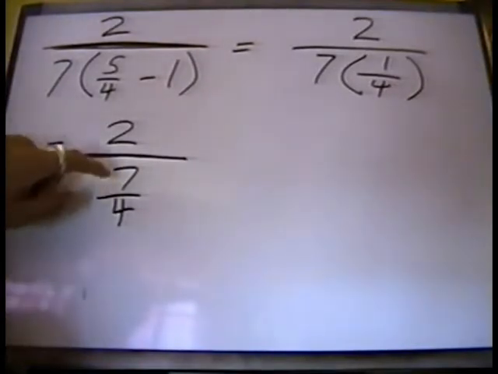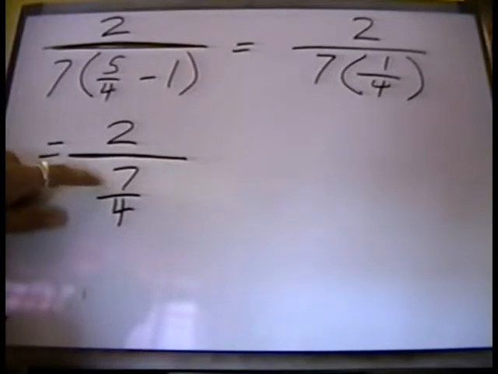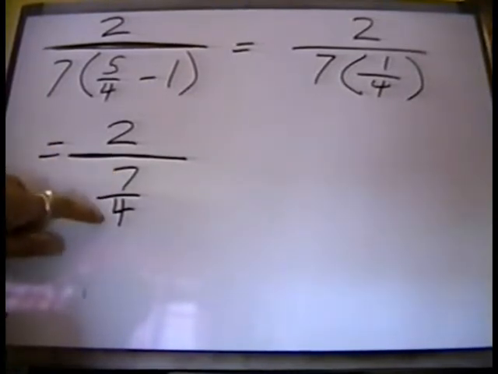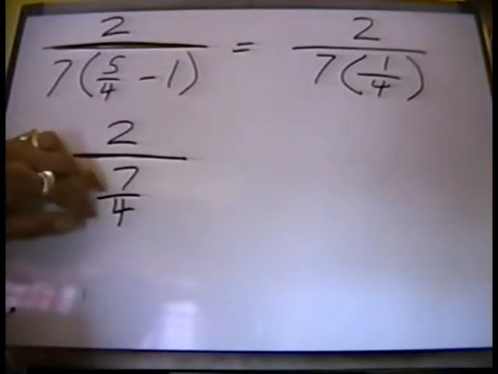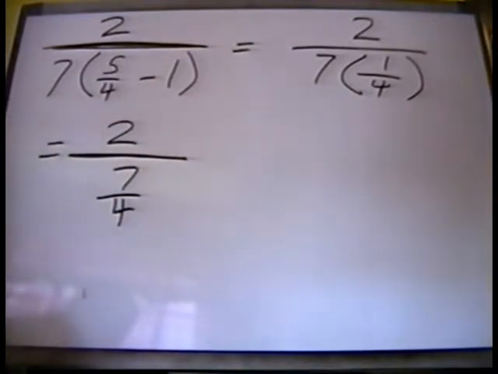Now, we know that this is an improper fraction because the numerator is larger than the denominator. But you should not, at this point, convert this into a mixed number fraction because you only make it difficult for yourself to work with.